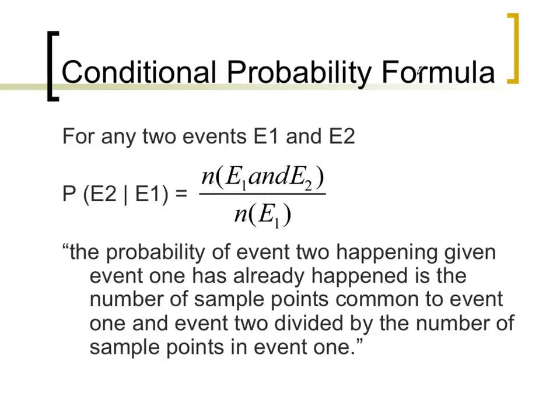So this brings us to our conditional probability formula. It says for any 2 events, event 1 and event 2, the probability of event 2 happening, given that event 1 has already happened, is the number of sample points in common to event 1 and event 2 divided by the number of sample points in event 1.